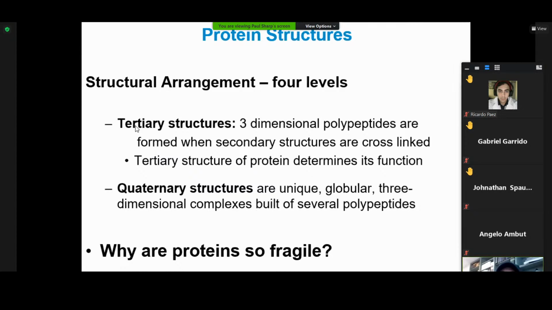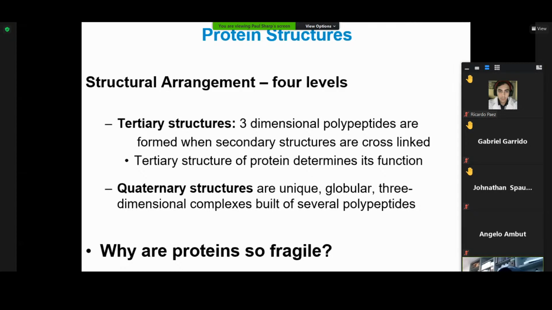Okay, but now there's something else called quaternary structure. Quaternary is when you have more than one tertiary structure. How does that happen? Because you have more than one protein coming together. For example, a molecule of hemoglobin is composed of four different strings of amino acids.